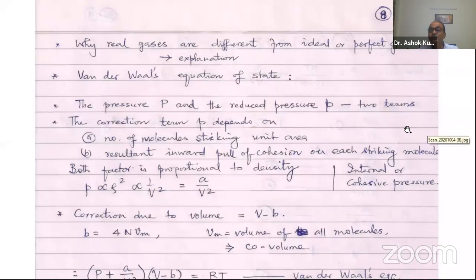This molecule here is being attracted by the molecules surrounding it. So there is a force of attraction from all sides. This force of attraction among the molecules is called cohesive force, or force of cohesion.